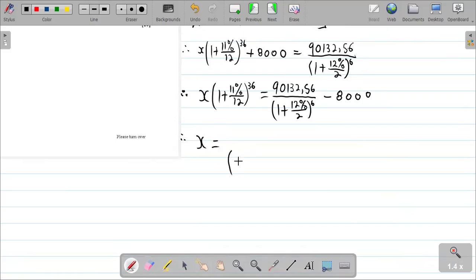okay, so we have to have the two brackets, this and that. 1 plus 11% over 12 and then to the power 36.